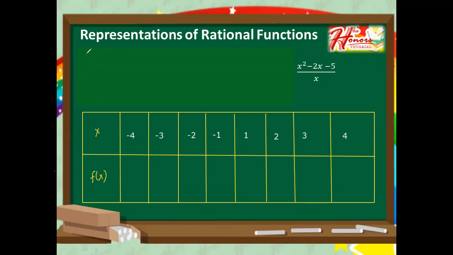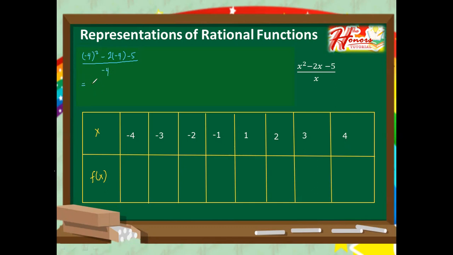And that is negative 4 squared minus 2 times negative 4 minus 5 over negative 4. So let's continue solving.